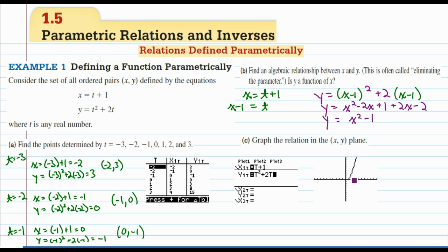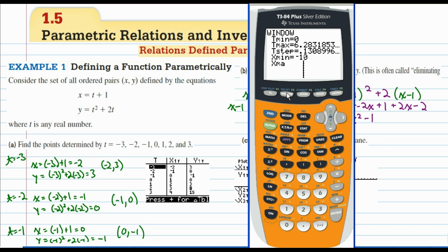it brings us back to part C. We're supposed to finish this parabola, so there's more on my calculator that I need to do. Go to Window. You have to set your Tmin and Tmax. In this case, my Tmin can be -3, and my Tmax can be +3, and I'll have my T-step be +1.